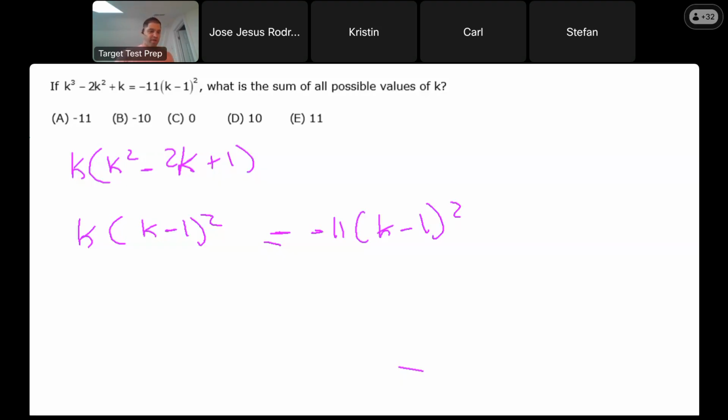Now, here's a question I have for everybody. Did anybody go ahead and divide out K minus 1 all squared? Was that something anybody did here? All right, good. Because a lot of students make that mistake. So you bring that over, right?